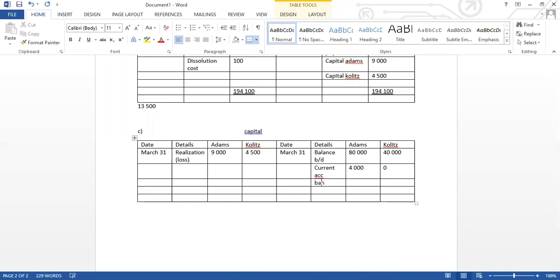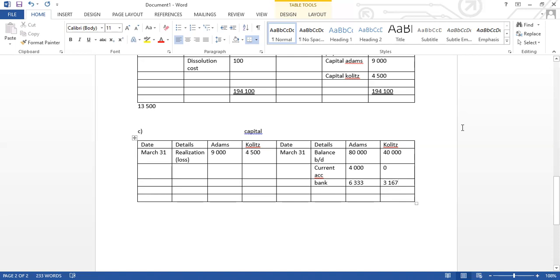You will have bank of 6,333, and then Collins 3,167.